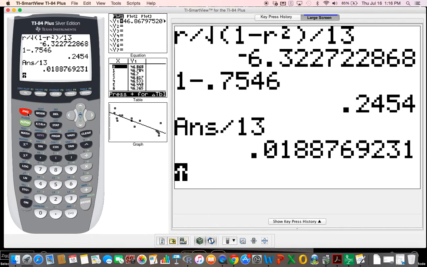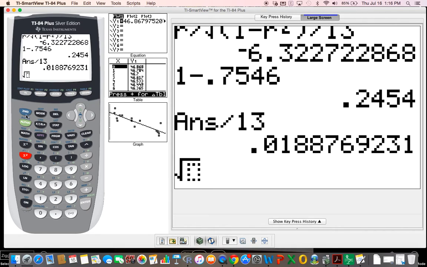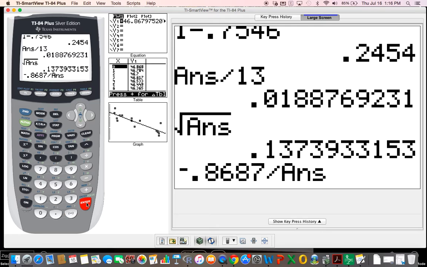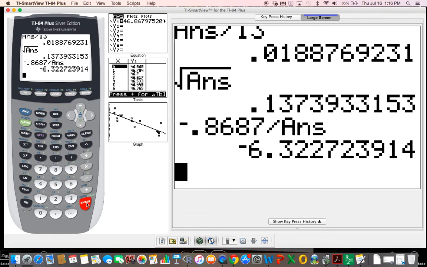I can take the square root of that. And I can take my negative 0.8687 divided by the answer. You're going to see we get something very, very close to the answer we got otherwise. It's going to be off a little bit out further, but to 2 digits, it's going to be the same answer.